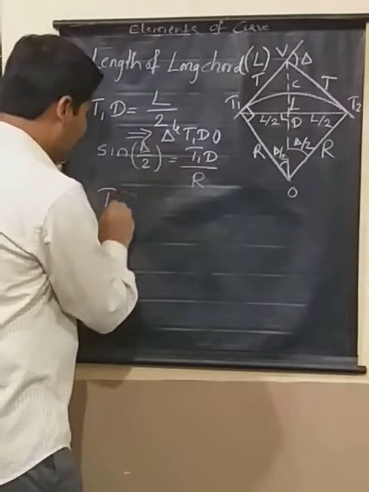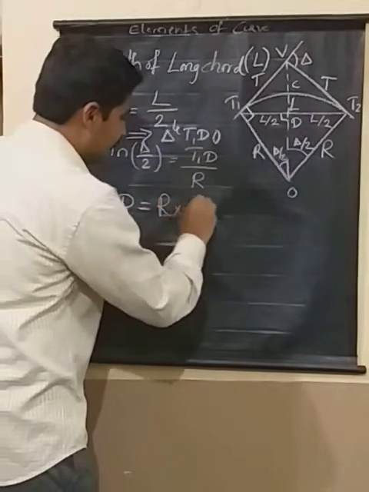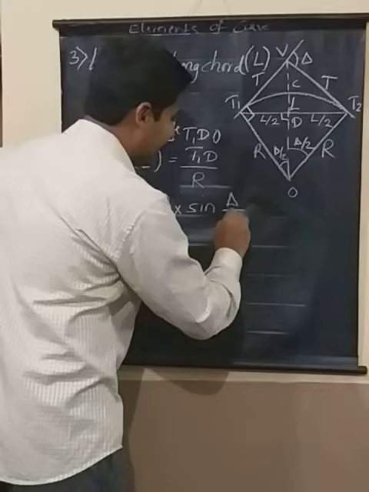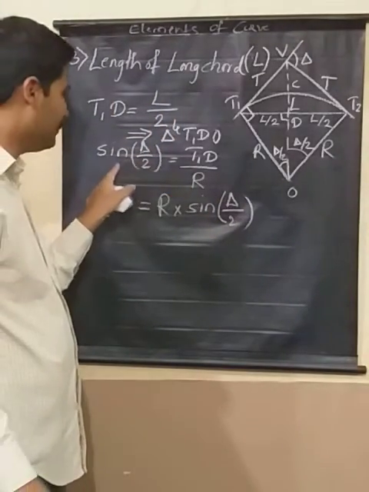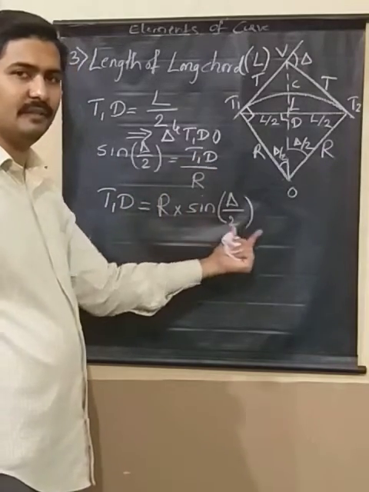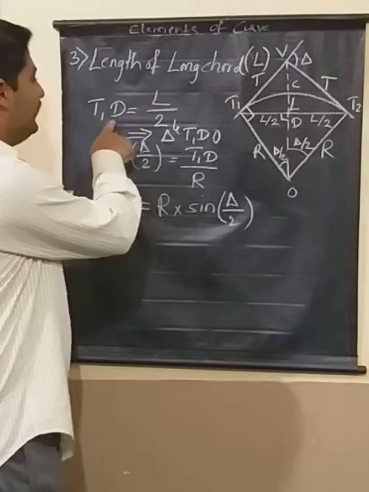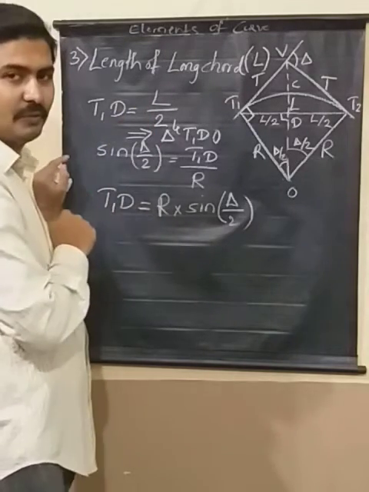So T1D is equal to R into sine delta by 2, isn't it? Substitute, I mean send this R to the other side, you will get T1D is R sine delta by 2.